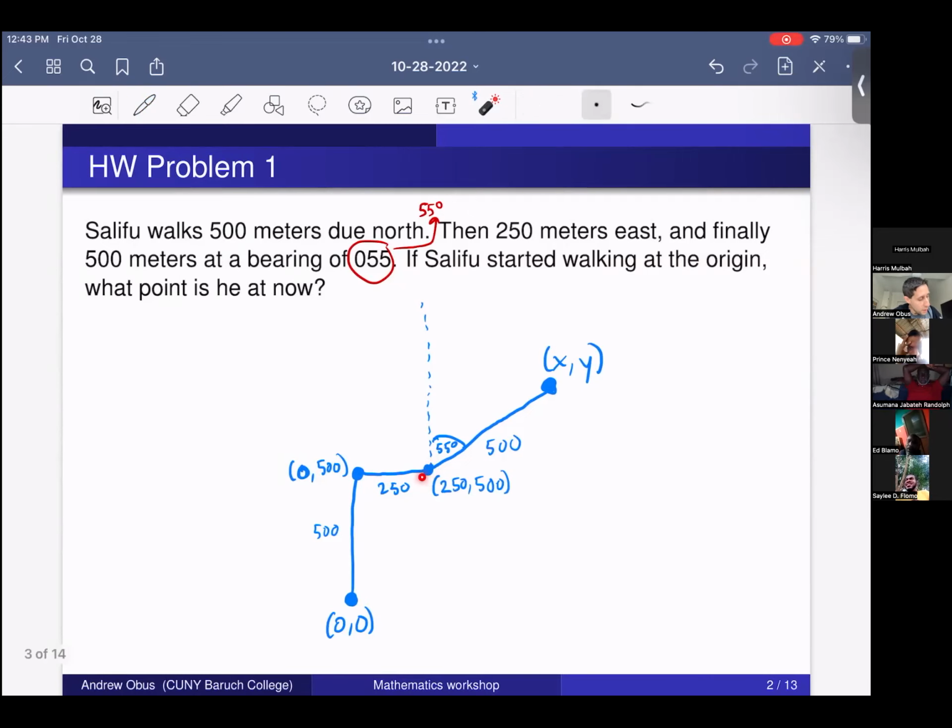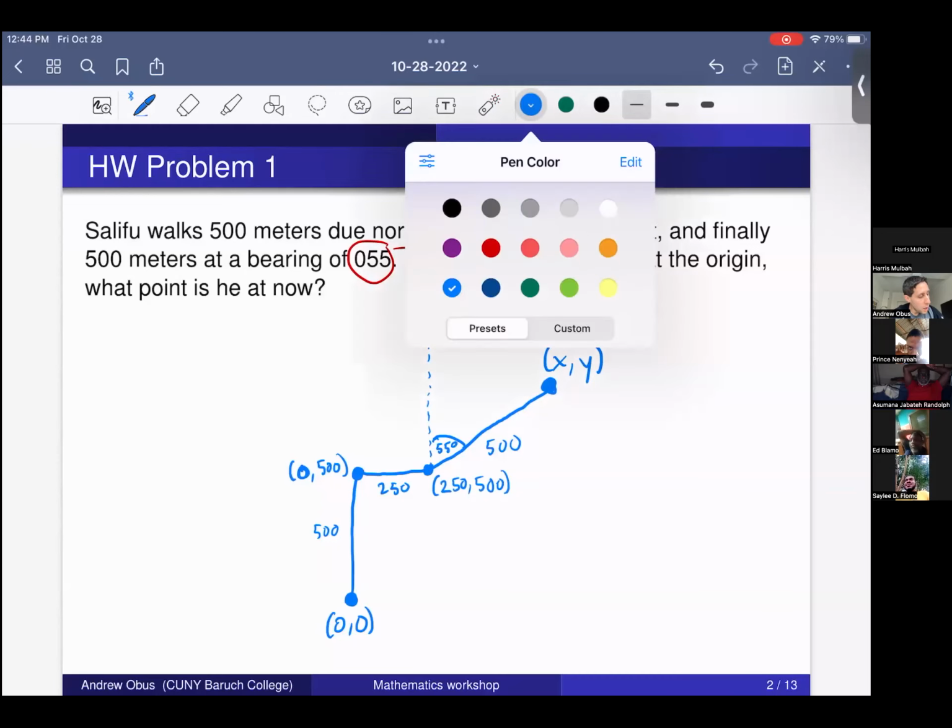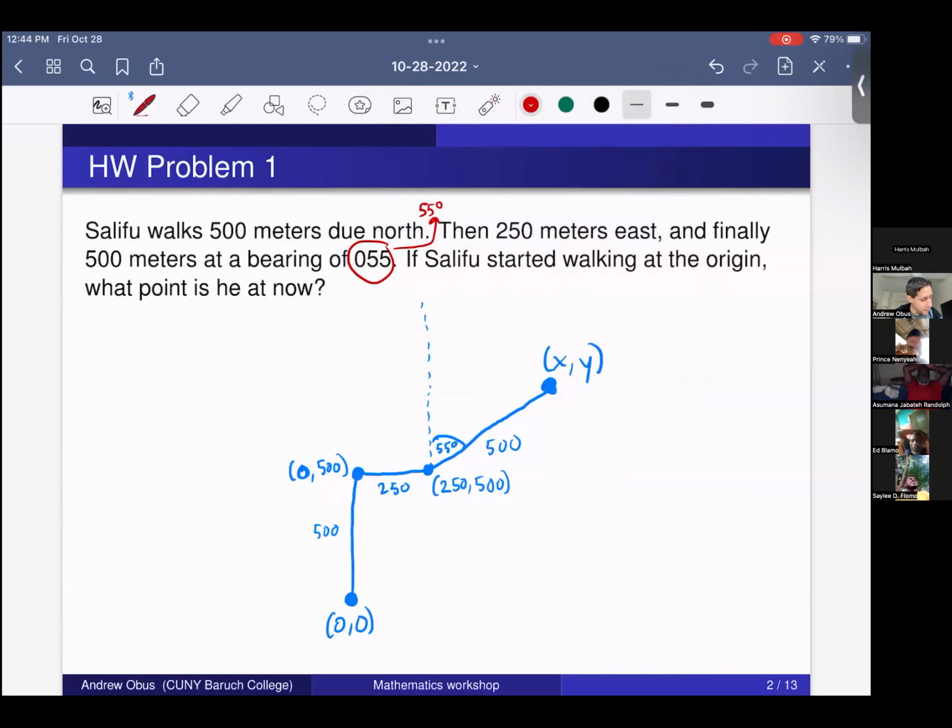And so now the last part's the more involved part. We have 250, 500, and now we're going to go 500 meters at a bearing of 55 degrees. What we're going to need to do is build a little right triangle. Every time we need to do this, we try to build the relevant right triangle.